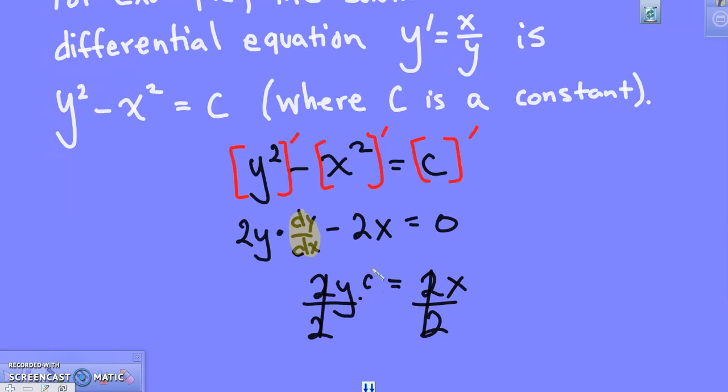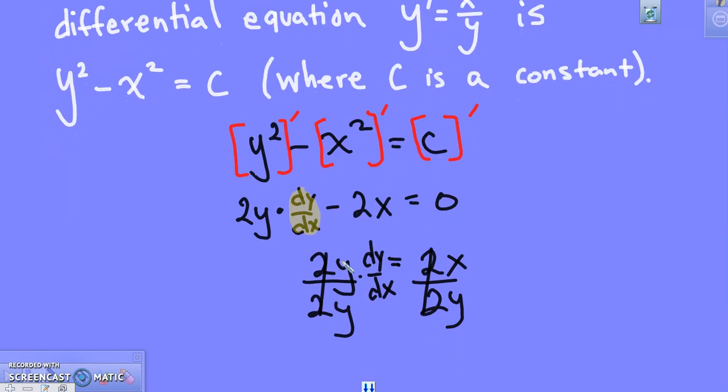And actually, I'm going to divide both sides by 2y. Getting a little ahead of myself. And when I do that, I get that dy over dx is equal to x over y, or y prime is equal to x over y. So when we take the derivative of y squared minus x squared equals c, we get y prime equals x over y.